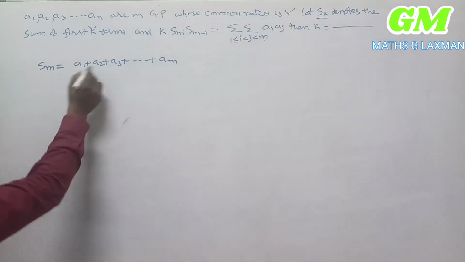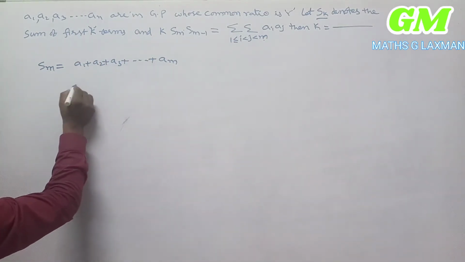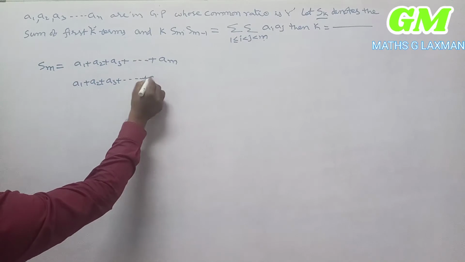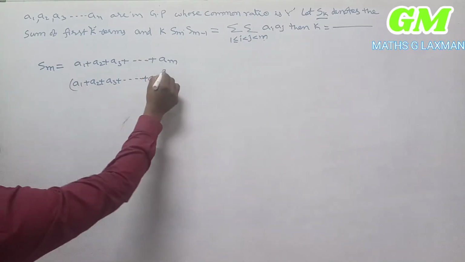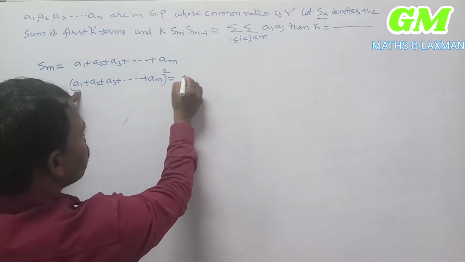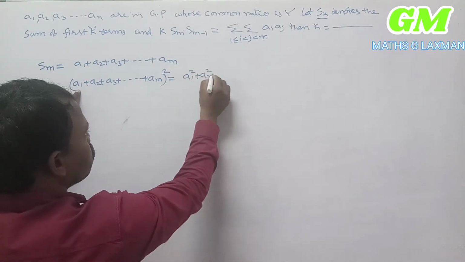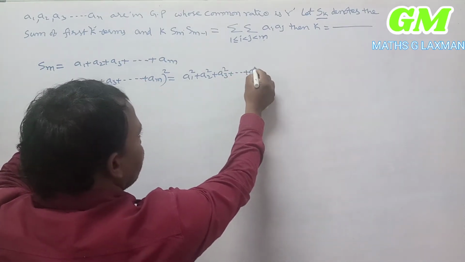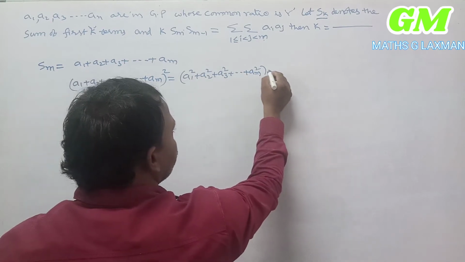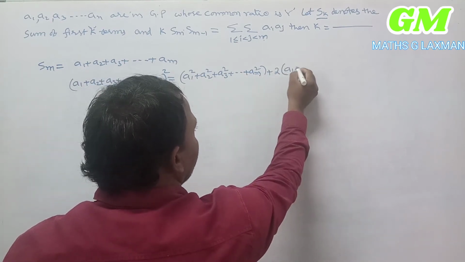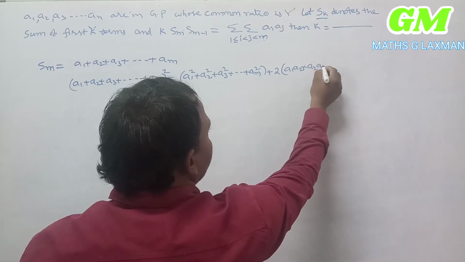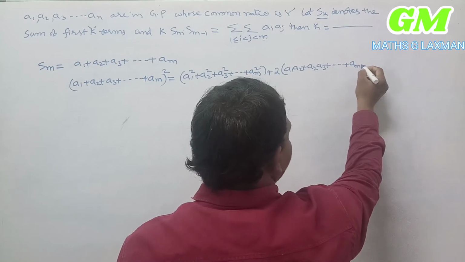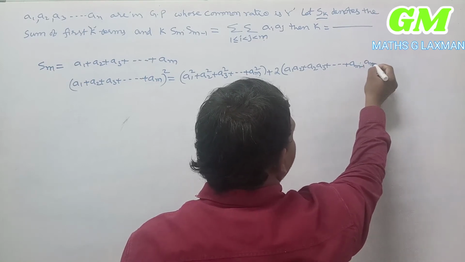Squaring this, A1 plus A2 plus A3 and so on plus Am whole square, is equal to A1 square plus A2 square plus A3 square and so on plus Am square, plus 2 times A1 A2 plus A2 A3 and so on plus Am minus 1 into Am.